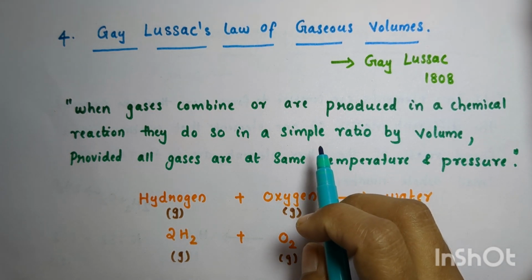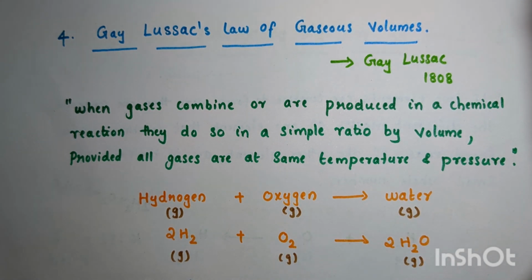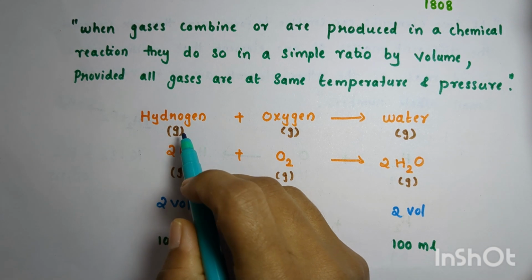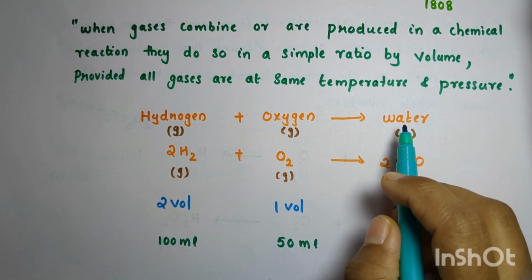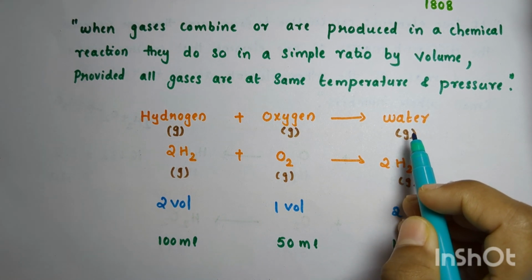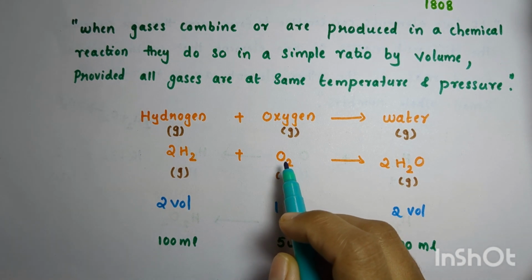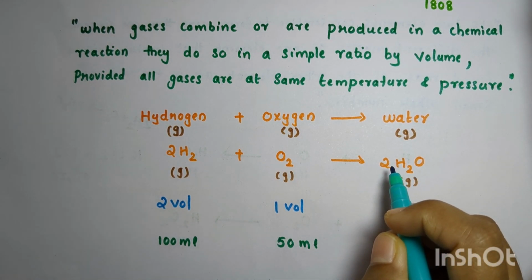Now let us see what this law means by using an example. Suppose hydrogen gas combines with oxygen gas and gives water vapor, that is, in gaseous form. So 2H2 combines with O2 to give 2H2O, and this is in the gaseous form.